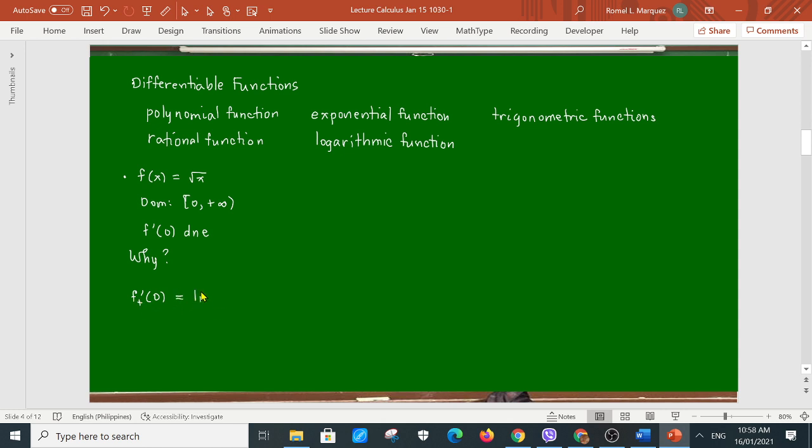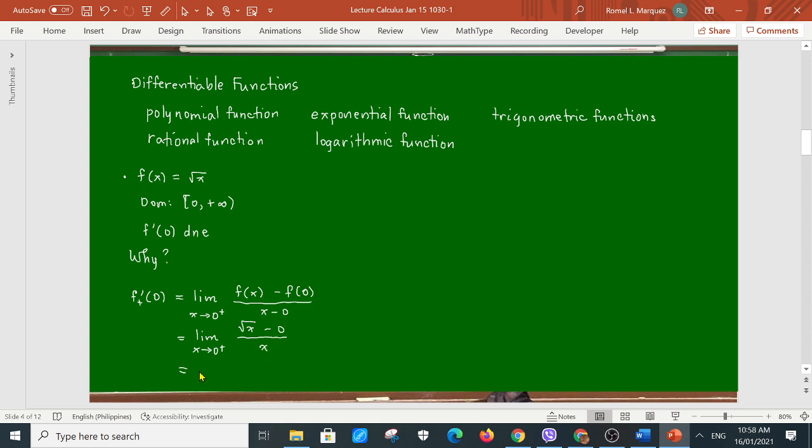We have the limit as x approaches 0 from the right of f of x minus f of 0 all over x minus 0, x minus a, which is x minus 0. What is f of x? Square root of x. What is f of 0? The value of square root of 0 is 0, so it is over x minus 0, or x.